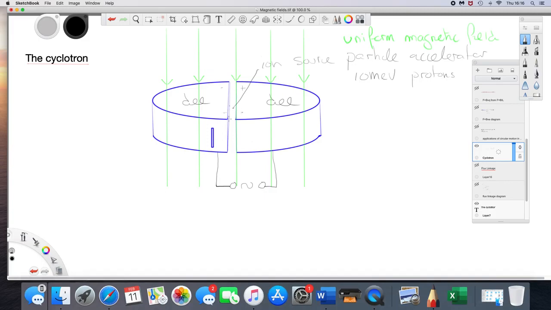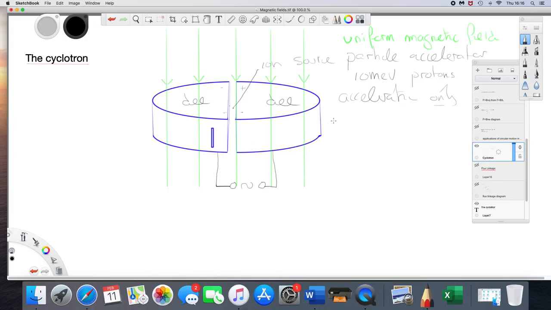The acceleration only occurs in the gap. Okay, this is where the acceleration is occurring. What you've got here, there is no electric field inside this hollow conductor. That's one of the laws of physics that we haven't talked about really, but it is true.